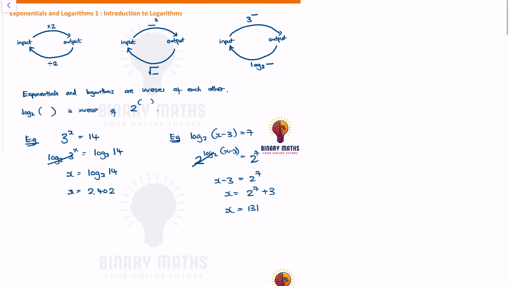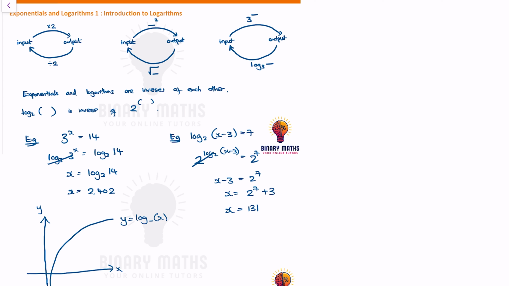Just briefly, I'll go through a log graph. So the log graph looks like this. y is equal to log base something of x. So as you can see, it's only defined for positive numbers.